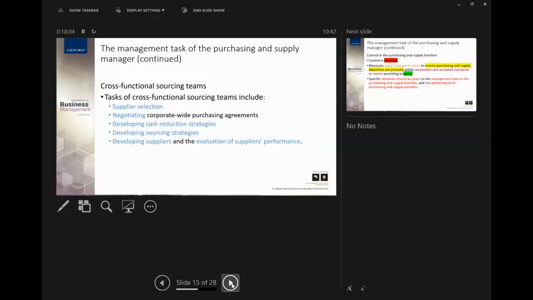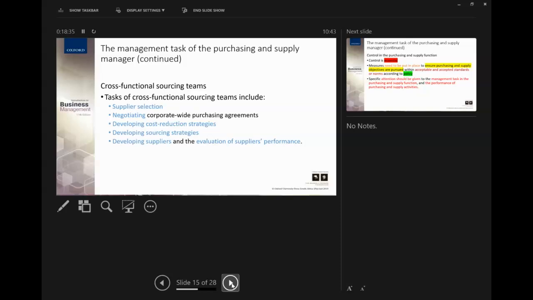Moving right along. So here now they're talking about cross-functional sourcing teams. Tasks of the cross-functional sourcing teams include supply selection, negotiating corporate-wide purchasing agreements, developing cost reduction strategies, developing sourcing strategies, developing suppliers, and the evaluation of supplier performance.